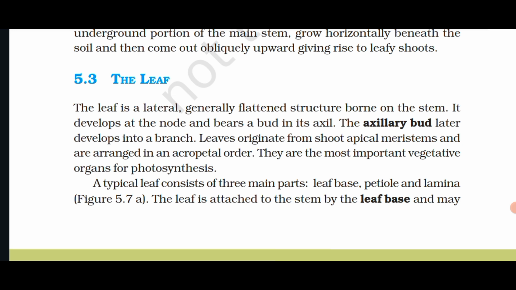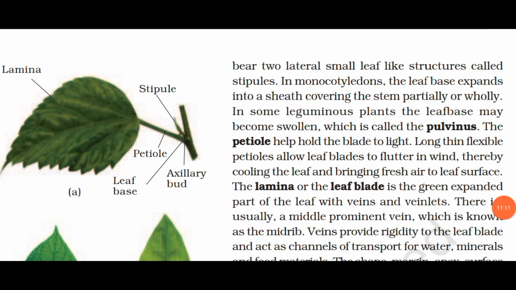A typical leaf consists of three main parts: leaf base, petiole, and lamina. The leaf is attached to the stem by the leaf base and may bear two lateral leaf-like structures called stipules.